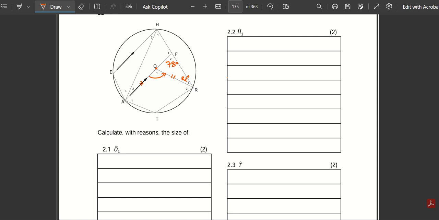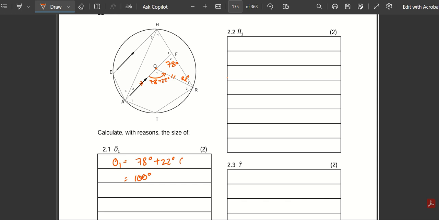If we just change this shape a little bit, the exterior angle of a triangle is equals to the sum of the opposite interior angles, so that's the 78 plus the 22. So how would we write this down? We would just say angle O1 is equals to 78 degrees plus the 22. That is my statement, and that gets me to an angle of 100 degrees.